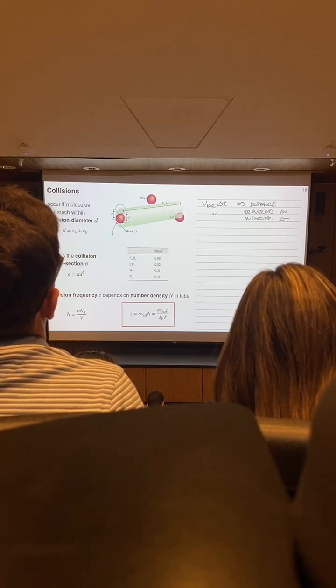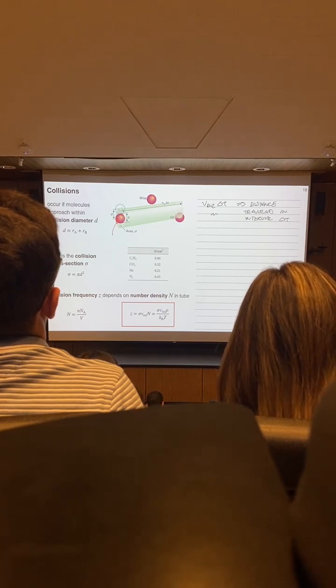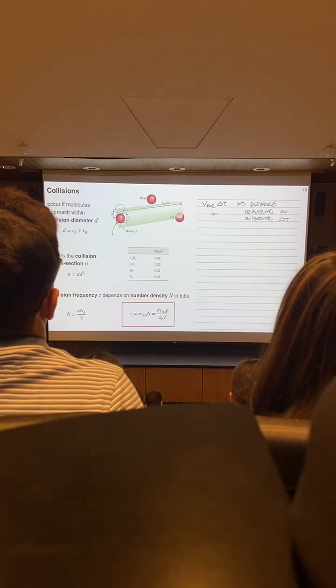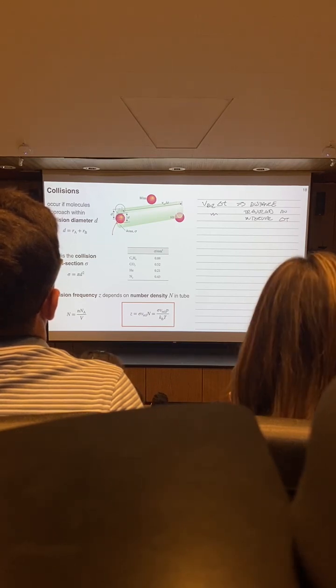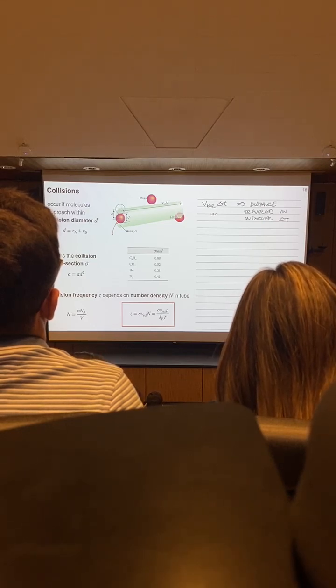So, as this molecule flies through, it flies through a certain distance, v times delta t. This molecule's center is more than a diameter away from the center of this molecule, so it will miss this one. This molecule's center is within this tube that's going to get mapped out, so it's going to collide with that one.